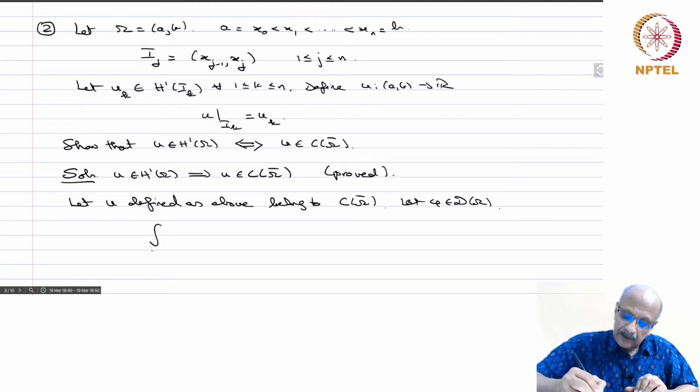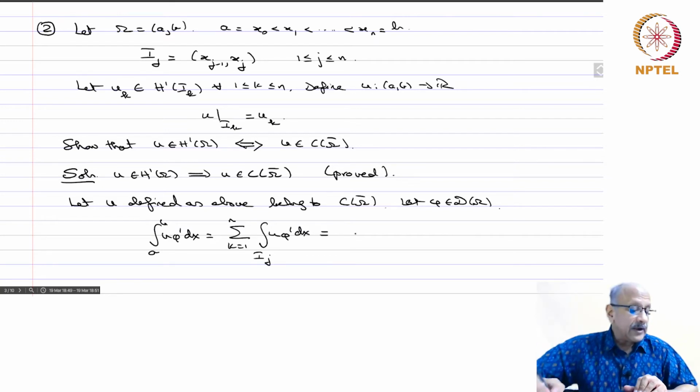Then the integral from a to b of u phi dash dx is equal to the sum over k from 1 to n of the integral over Ik of u phi dash dx, and now you do integration by parts.